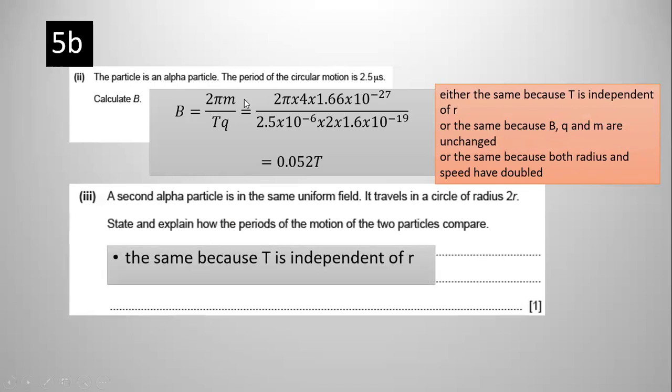We are using this equation, and there's no r there. So B is constant, mass is constant, charge is constant. So the period is the same, independent of r. It does not depend on the radius of the circle. Okay. Any comment? No.